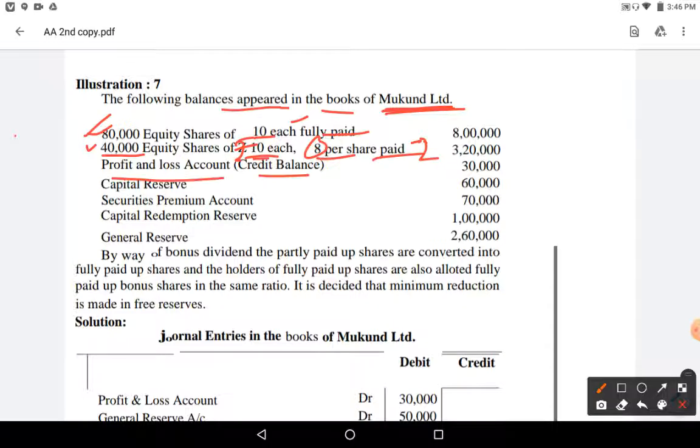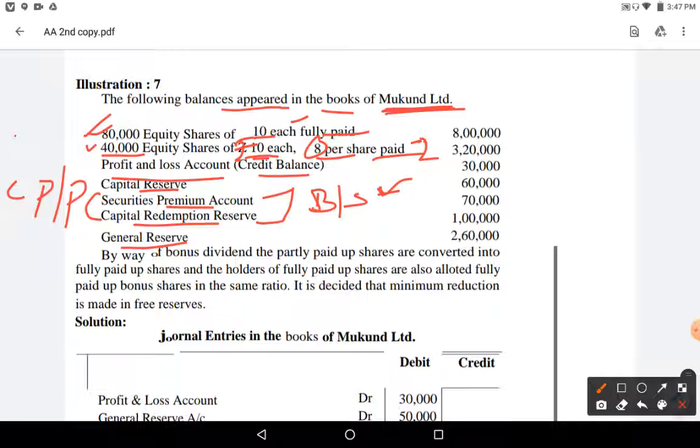Profit and loss account credit balance, that is P&L account balance we will say. Capital reserve, securities premium, capital redemption reserve, general reserve. Securities premium and capital reserve can be used for bonus shares. For the purpose of bonus shares we can use these, but these two should not be used for converting partly paid up shares to fully paid up.